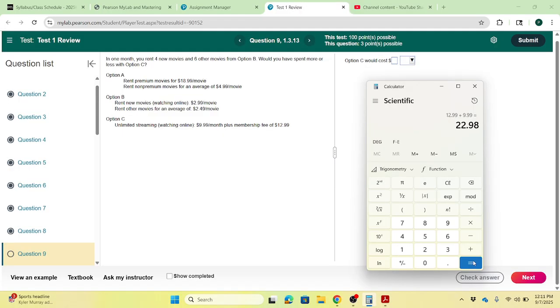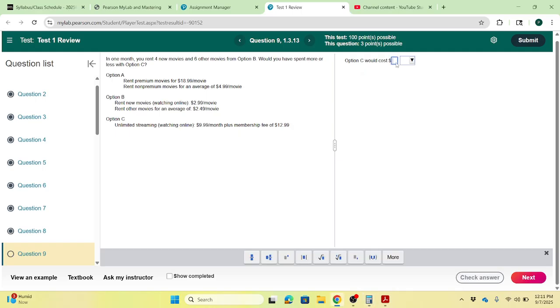That would be the total cost for watching unlimited movies in a month, which is $22.98.